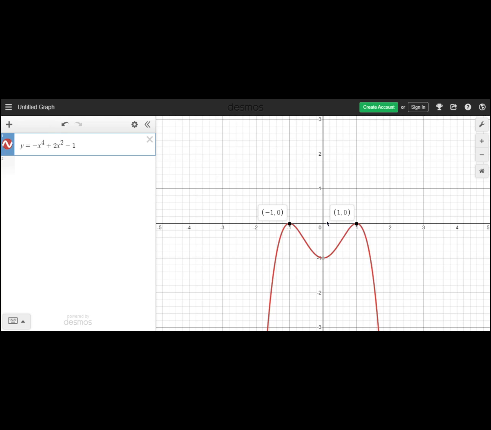So our 2 relative maxima are at -1 and +1 again. And we have 1 relative minimum right here at x equals 0. So I'm going to jot that down on my piece of paper. That's at x equals 0. And we are good with Desmos.